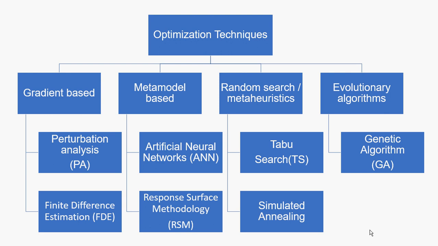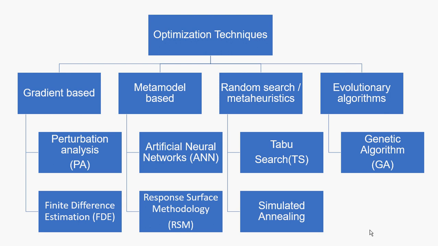Gradient based techniques are used only when the objective function can be expressed as an analytical function, but this is not always possible in SCM. That is why we don't usually use gradient based techniques.